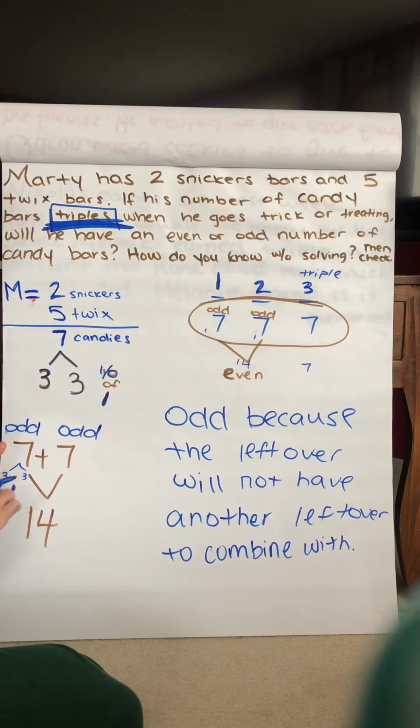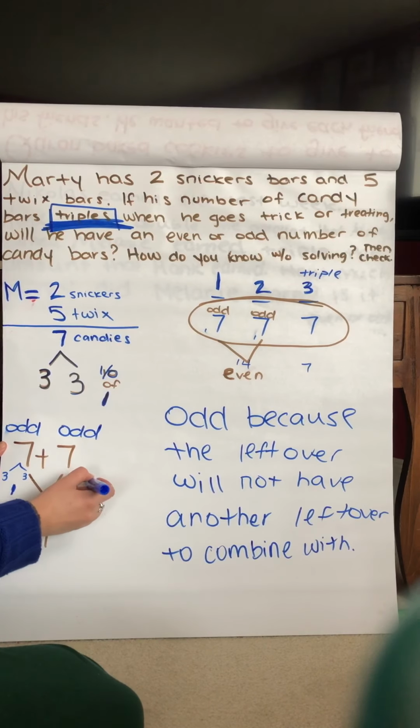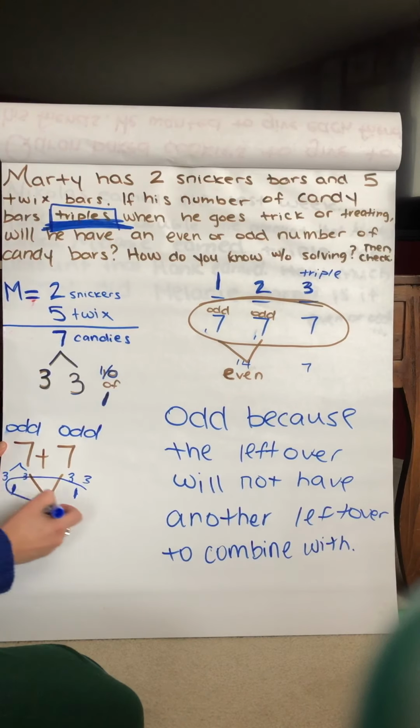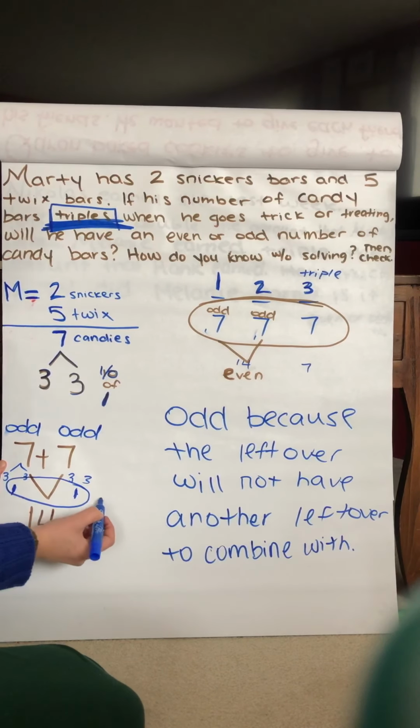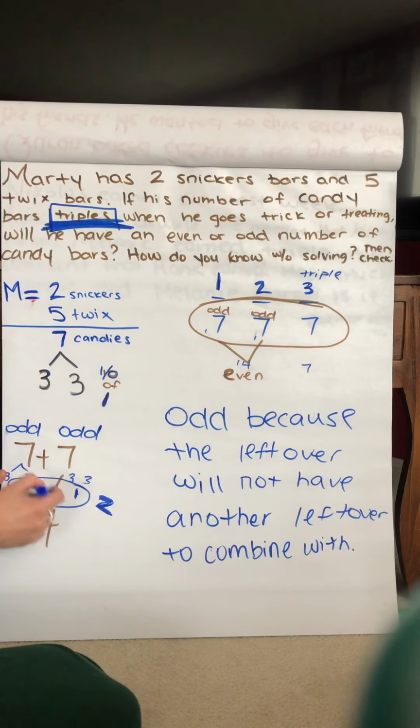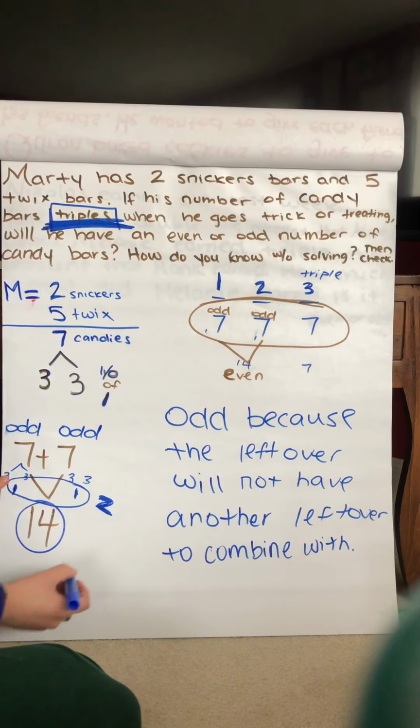You get 3 and 3 with a leftover of 1 to get you 7. Same thing here, 3 and 3 with a leftover of 1 to get you 7. These 2 leftovers combined to get us an equal number of 2. They can be paired up. So because of that, we know that when we add 2 odd numbers, we will always get an even number.